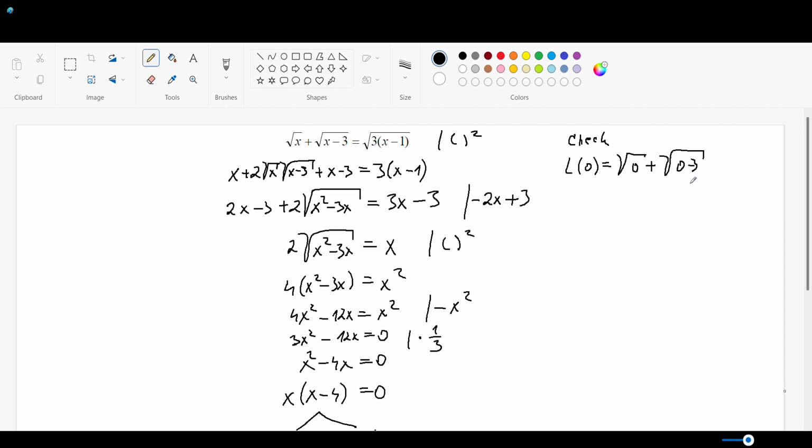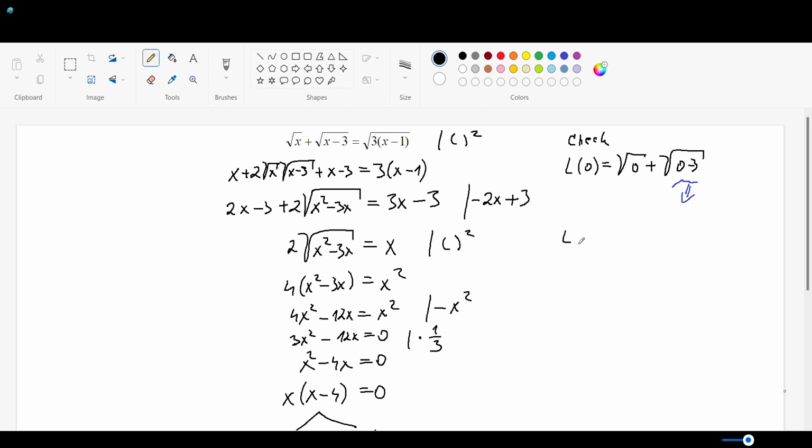And as you already know from our lessons, this is going to be a negative number, and the square root of a negative number is not defined. So basically our root cannot be 0, so we have to exclude this one from the set of the roots.